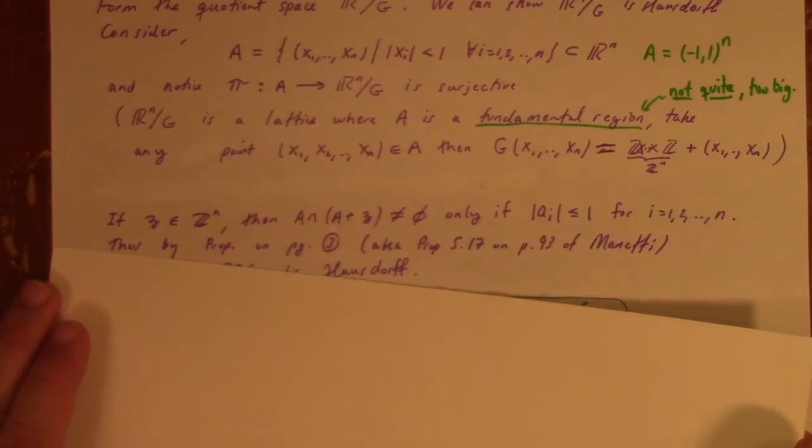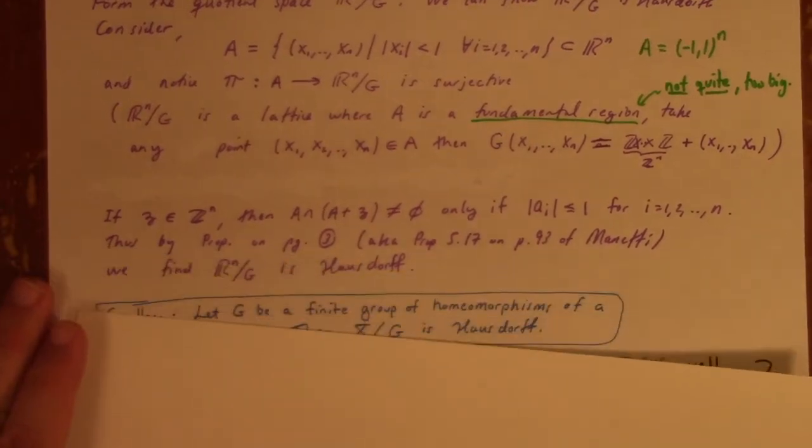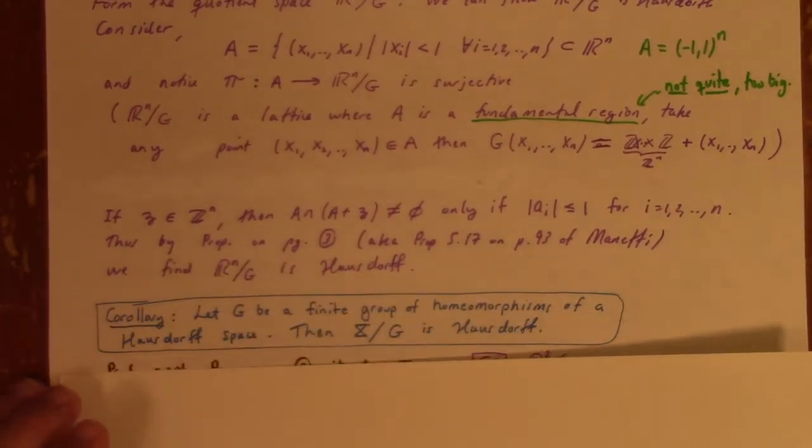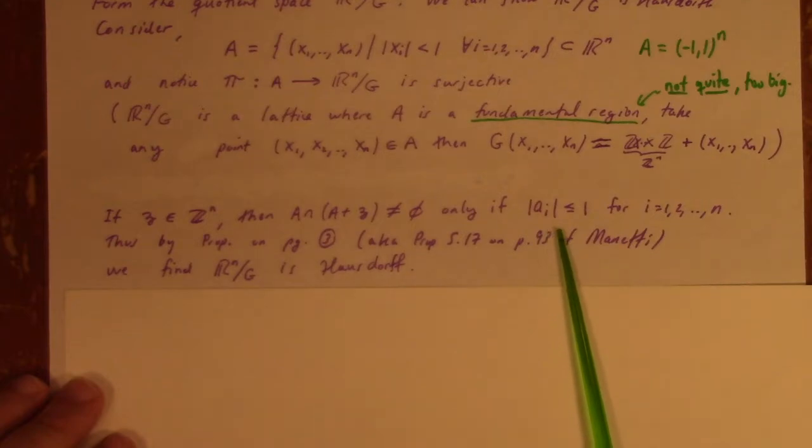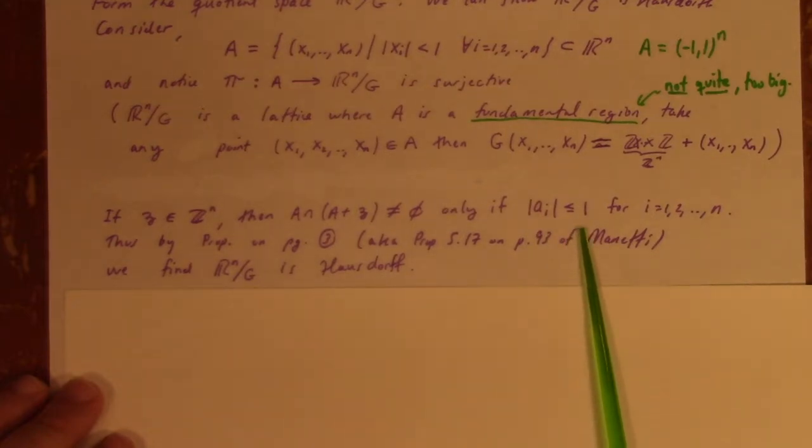So what is the action of the group of homeomorphisms on Rn look like here? It's A plus Z, right? Where that literally just means add Z to the components of A. And so that's non-empty only if the absolute value of AI is less than or equal to 1.